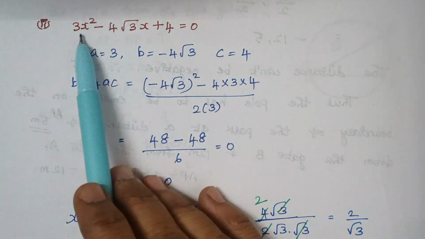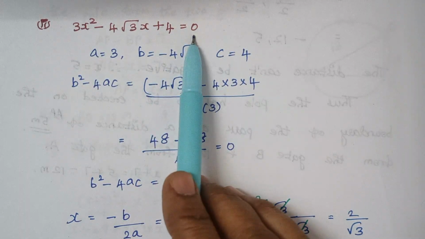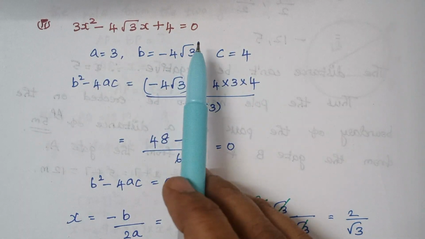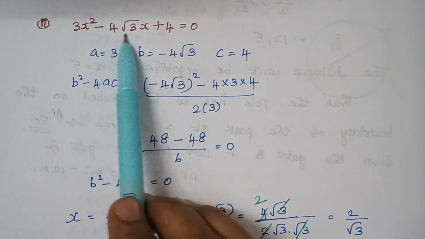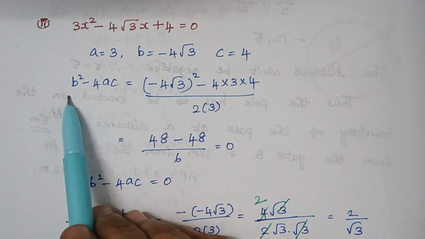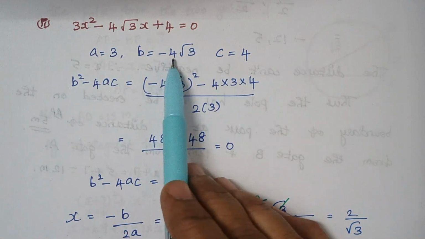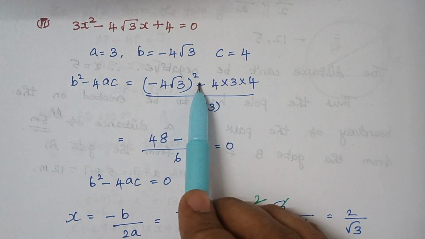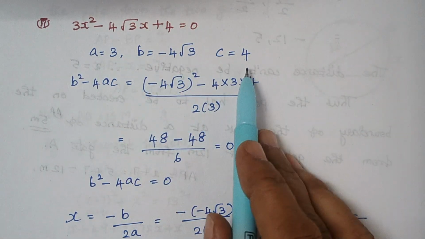The problem is 3x square minus 4 root 3x plus 4 equal to 0. So again write down the values of a, b and c. The value of a is 3, b is minus 4 root 3, and the value of c is 4. So b square minus 4ac is given by, what is the value of b? It is minus 4 root 3 the whole square minus 4ac, therefore 4 into 3 into 4.